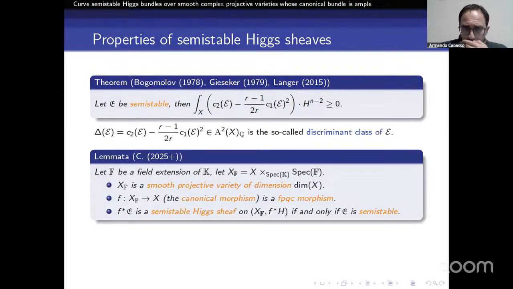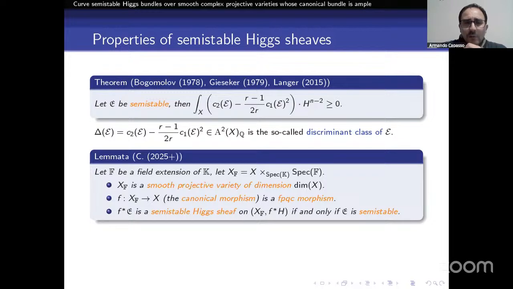So, in a work in progress, I proved a Lefschetz principle type theorem. I mean, if I change the underlying field via a field extension, one obtains, of course, another smooth projective variety of the same dimension.